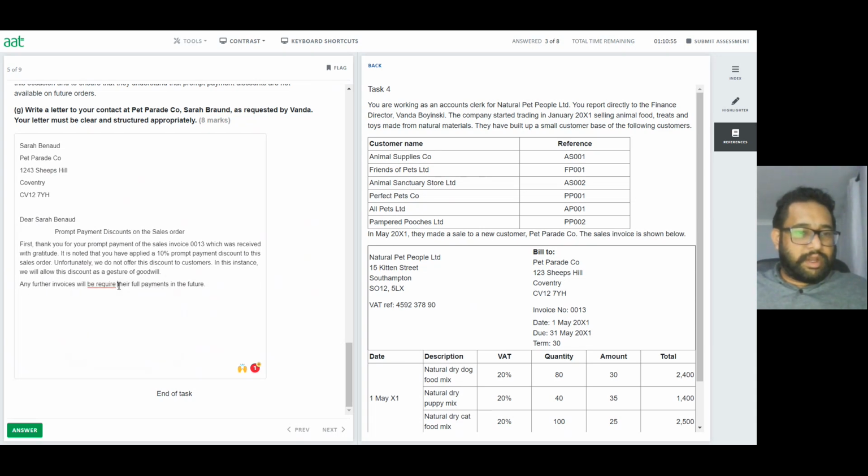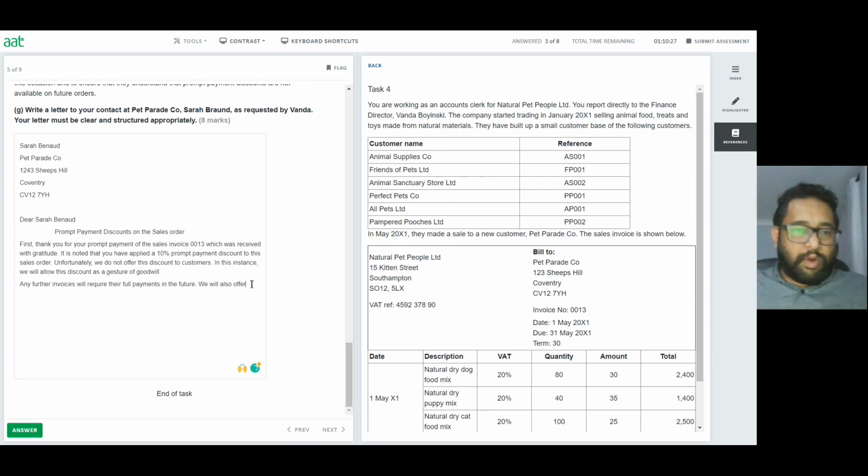Will be required, or will require. Yeah, we can say will require. Lucky we have this option here. Will require in the future. We will also offer, we will also, again, see the keyboard's moving everywhere. I'm not sure how I type anymore in this, guys. So I'll just write it down.